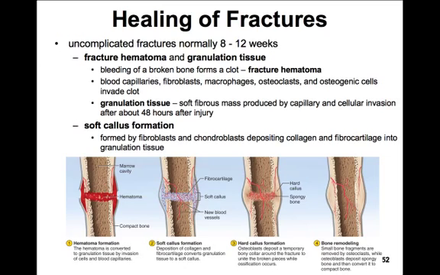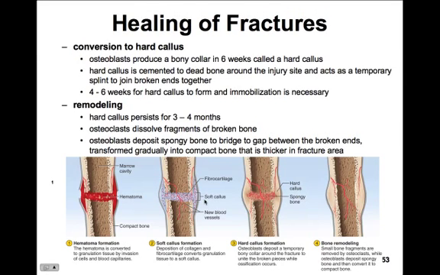Then we'll have soft callus formation here in 2. The soft callus is formed by fibroblasts and chondroblasts depositing collagen and fibrocartilage into the granulation tissue. Next, we'll see that soft callus convert to a hard callus. In the hard callus conversion, the osteoblasts are now producing a bony collar to surround the break.